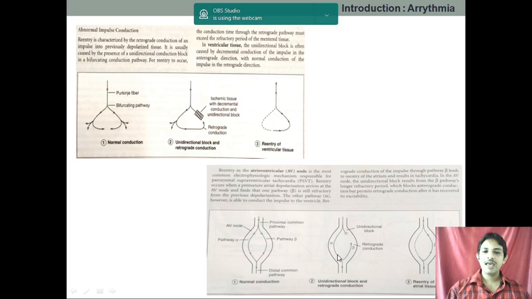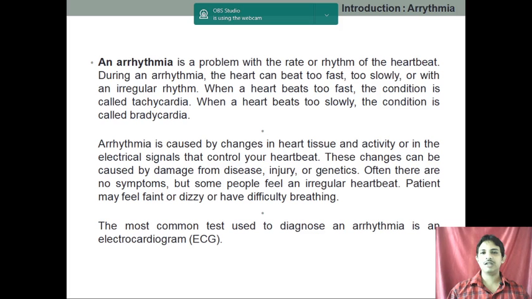The alpha pathway will go down, but it will also enter into the beta pathway, which we call retrograde conduction. The impulse moves through the alpha and enters through the beta pathway, and this is the re-entry of the atrial tissue.